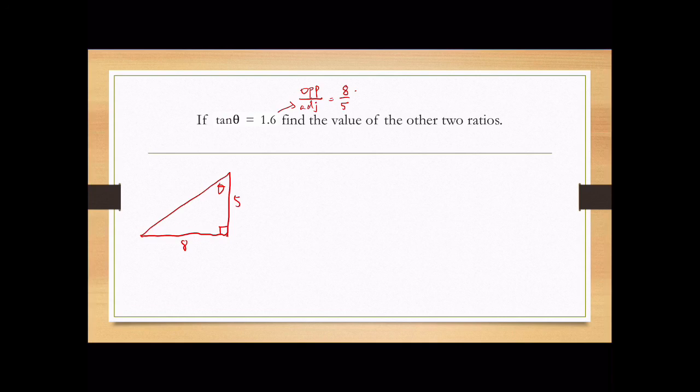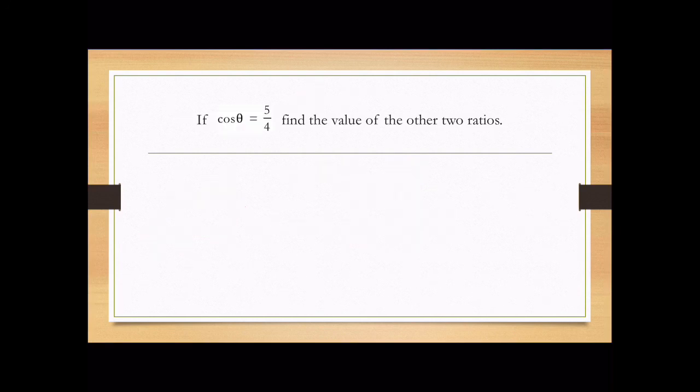So this will be square root of 64 plus 25, which is 89. So sine theta would be 8 over root 89, or if you really wanted to, you don't have to, you could rationalize, and cos theta is 5 over root 89. And again, if you want to, you can rationalize.